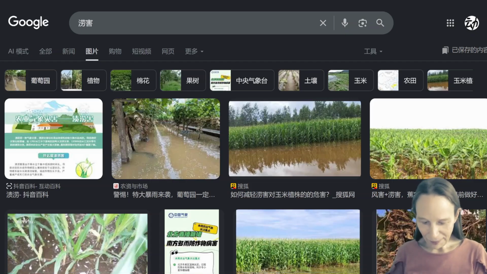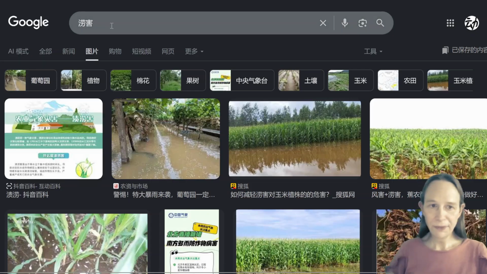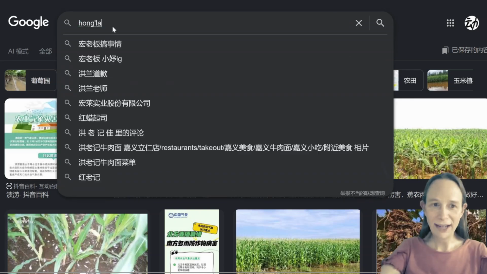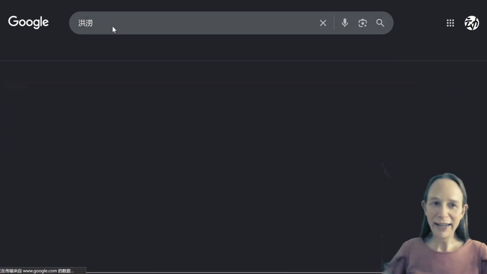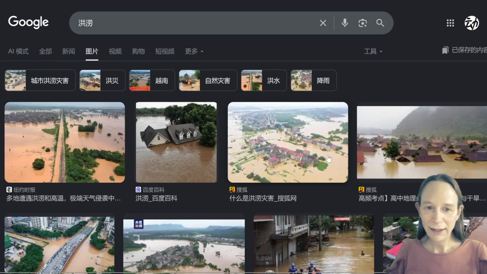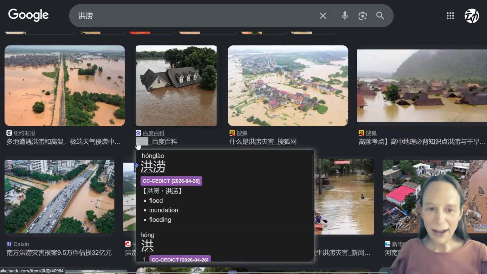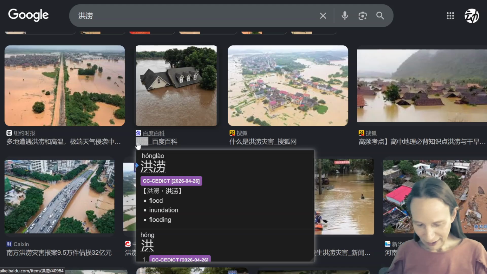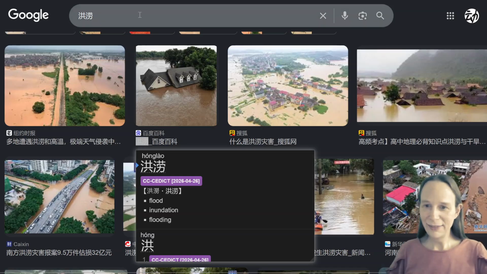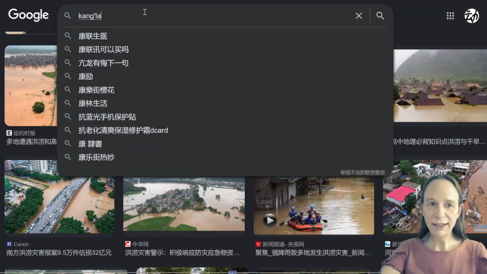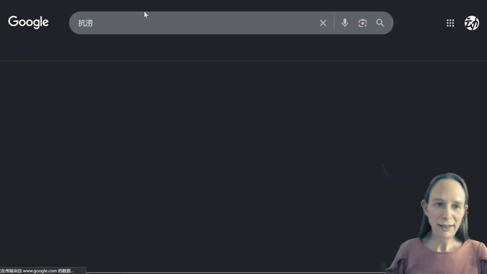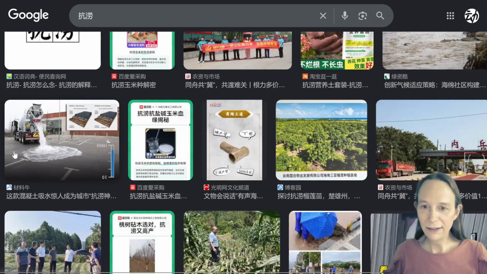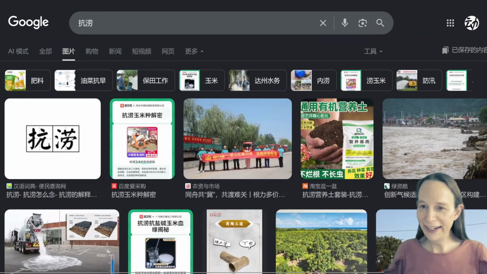涝害. 洪涝. 洪 I know. This is the one we get taught is hong. That looks very much like excessive rain. 洪涝. Hong Lao. So this is flood prevention. Well, that didn't work over there, did it?